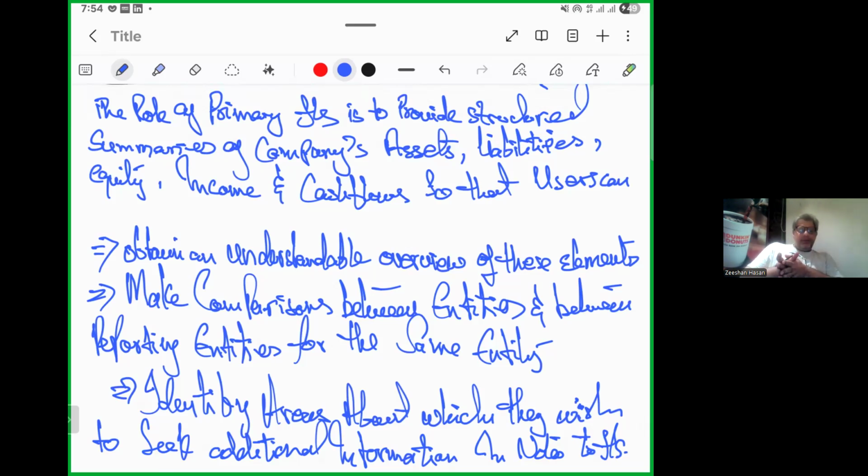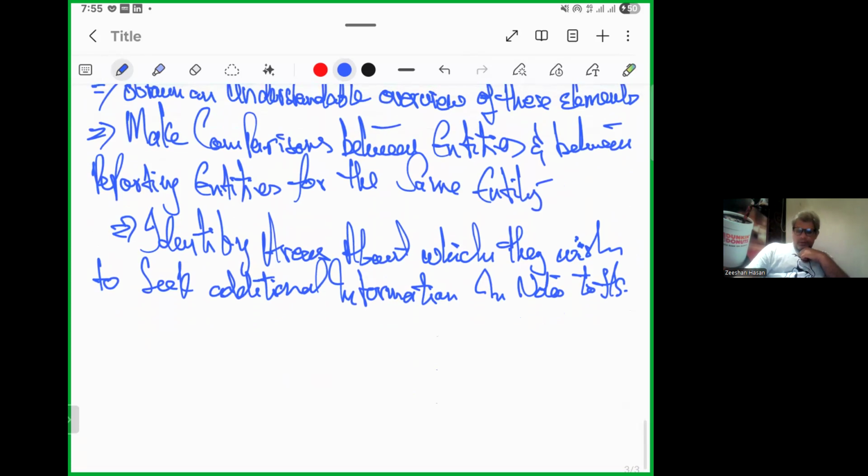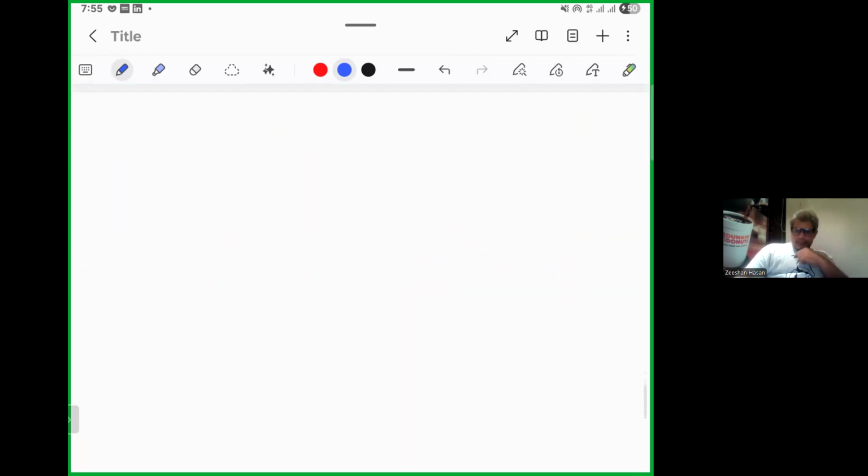Any entity may change its reporting date, in which case they will prepare financial statements for a period that is longer or shorter than a year. In this case, it must disclose this fact and state that amounts in the financial statements are not comparable. So far, so good.